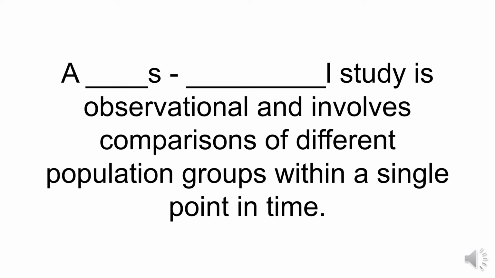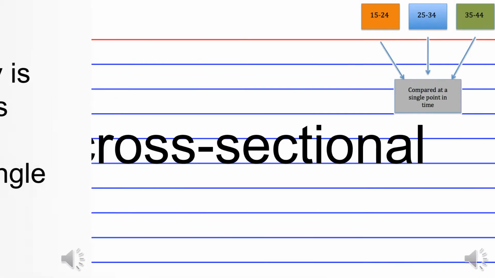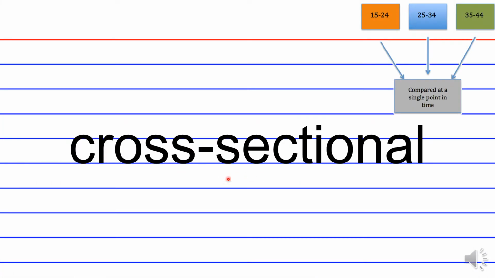A blank S dash blank L study is observational and involves comparisons of different population groups within a single point in time. So what type of study is this? That would be a cross-sectional study.